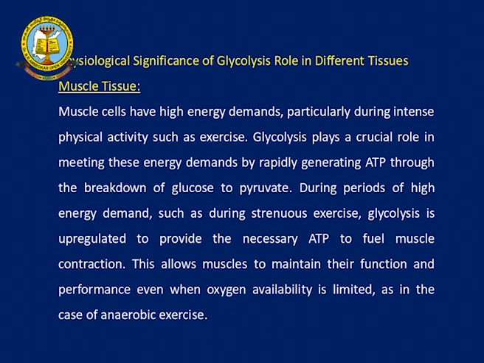During periods of high energy demand, such as stress exercise, glycolysis is upregulated, providing the necessary ATP to fuel muscle contractions. This allows the muscles to maintain their function and performance even when oxygen availability is limited, as in the case of anaerobic conditions.